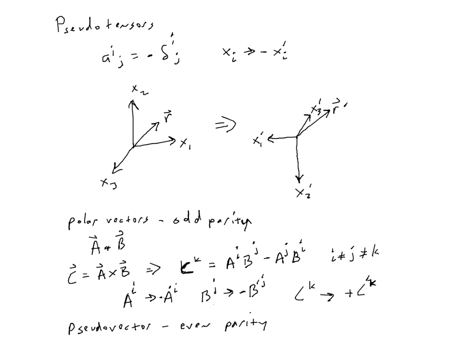So now let's look at some examples of this. One example is angular velocity, where angular velocity comes from a cross product of the radial vector and velocity.